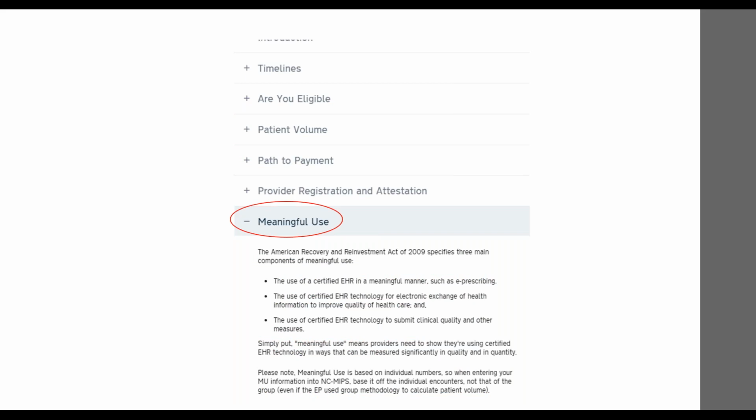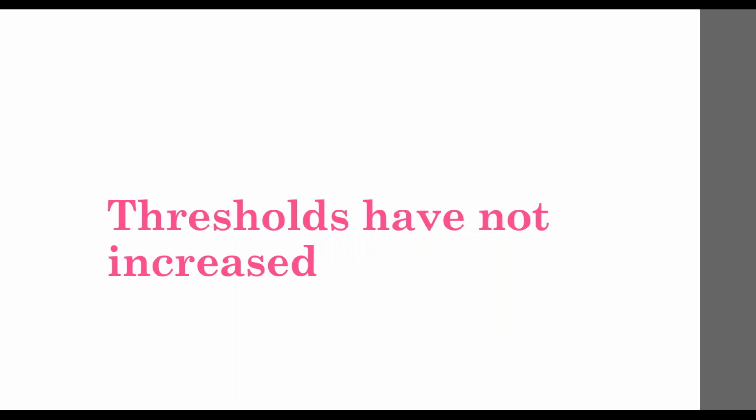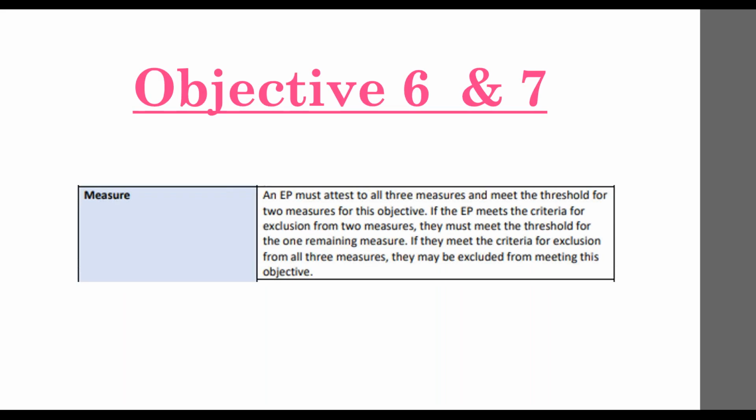I'm not going to read through every objective, like I said, but there are a few things I want to draw your attention to. First, the Stage 3 MU objectives and measure thresholds have stayed the same from program year 2019. And it's not new, but it bears repeating that in July 2019, CMS clarified the requirements for meeting objectives 6 and 7. The language on the spec sheet reads, an EP must attest to all 3 measures and meet the threshold for 2 measures for this objective.